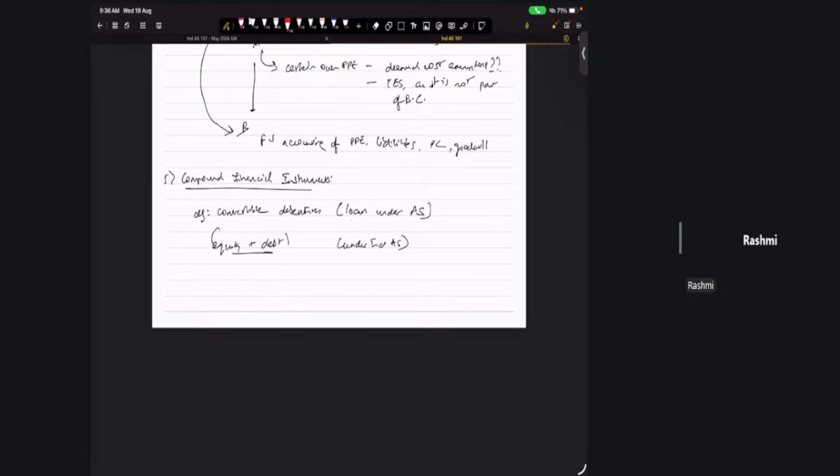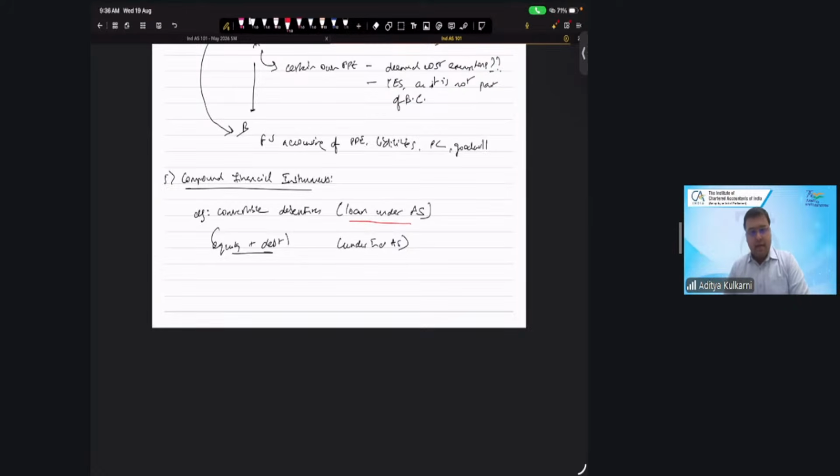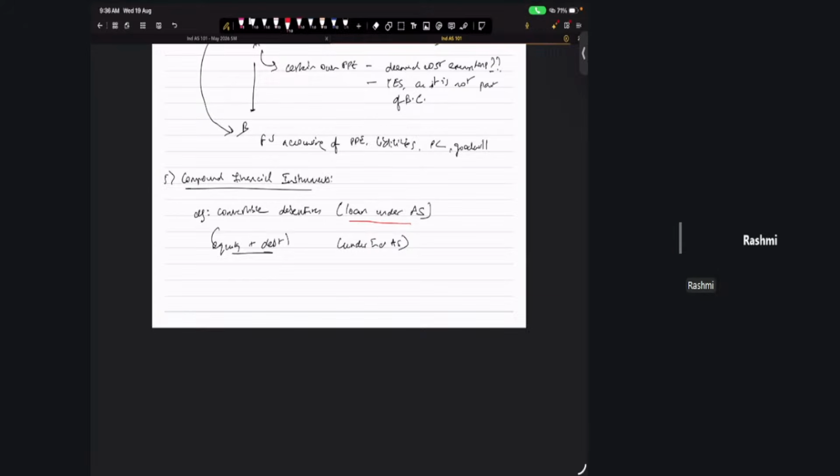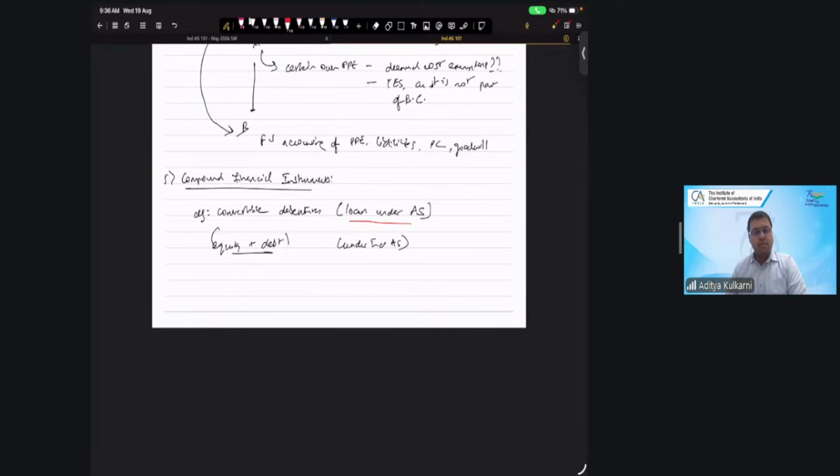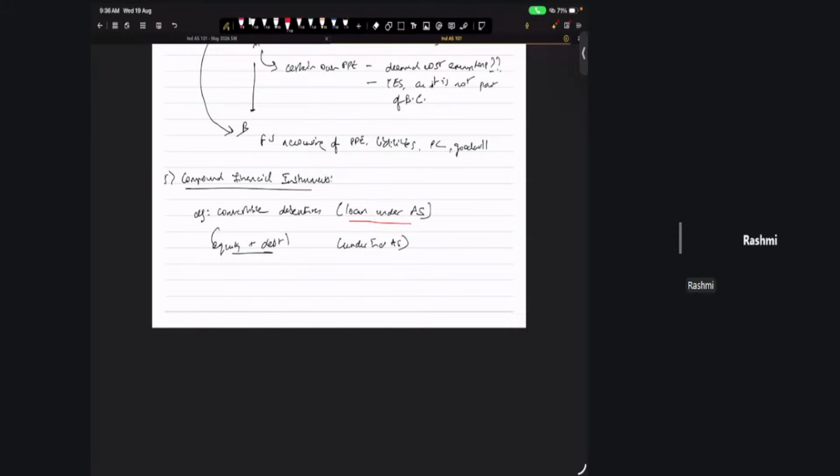These are treated as a loan under Ind AS. You show it as a liability, don't have to do anything. Under Ind AS, you remember we do split accounting, debt component and equity component. So that has to be done.